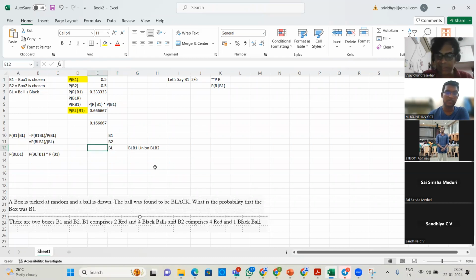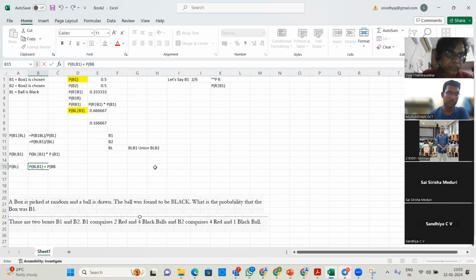Now can somebody tell me the probability of BL? Can we say it is probability of BL B1 plus probability of BL B2?